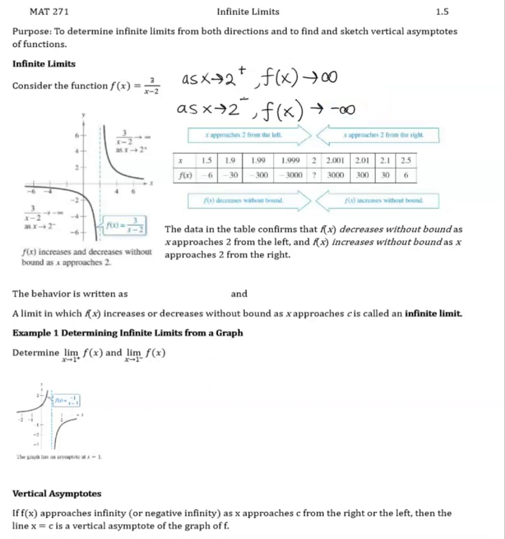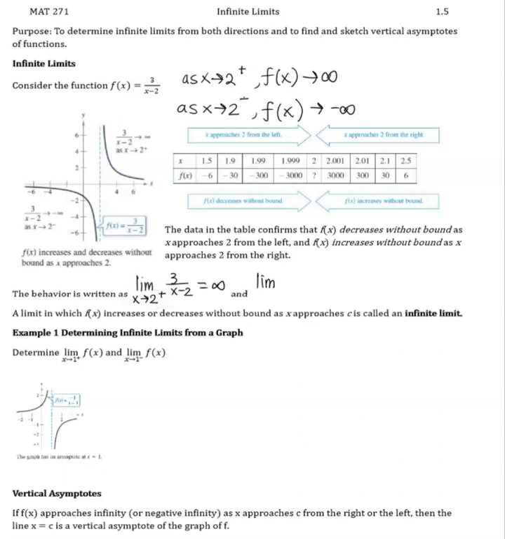So we formally write this behavior as the limit as x approaches 2 from the right of this function. That was positive infinity. As we approached 2 from the right, we went up towards positive infinity.